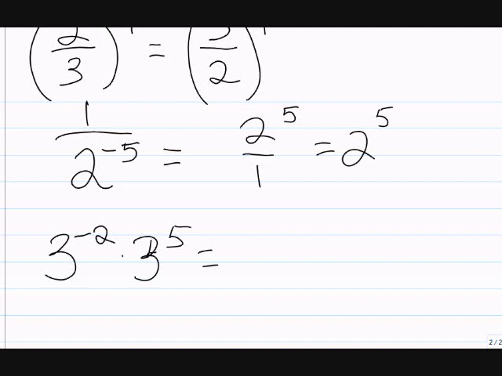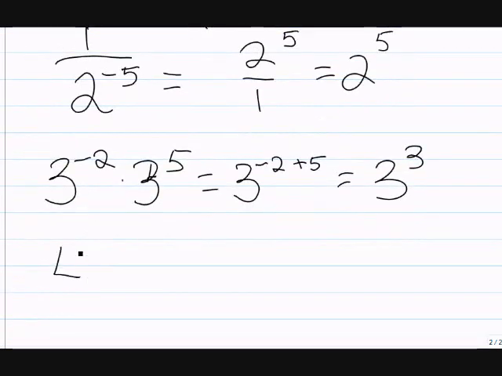What do you think this might be? 3 to the negative 2 times 3 to the fifth. What did we do with those two powers? You add them. You get 3 cubed. Negative 2 plus 5 is 3. So I get 3 to the third power. Good.